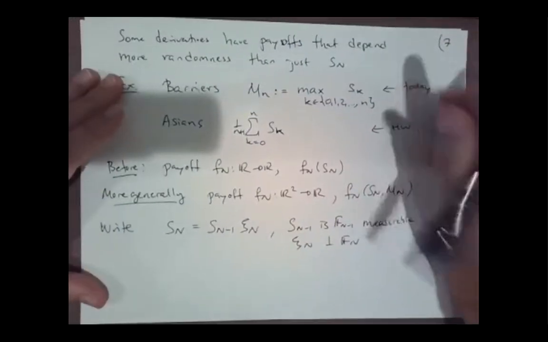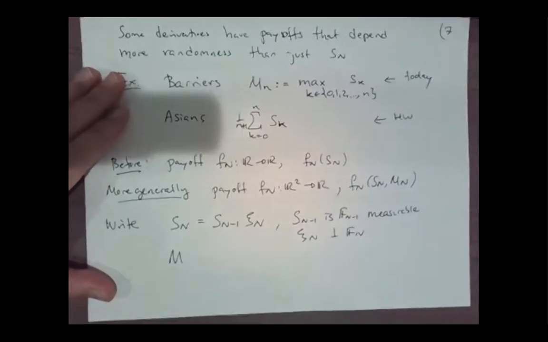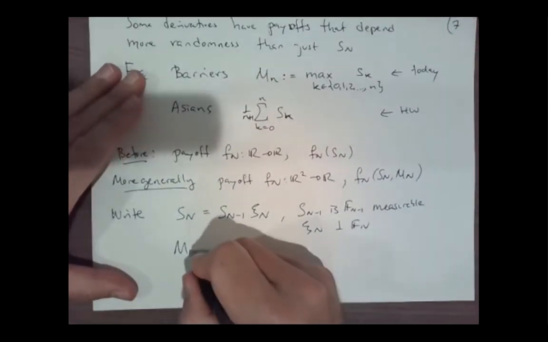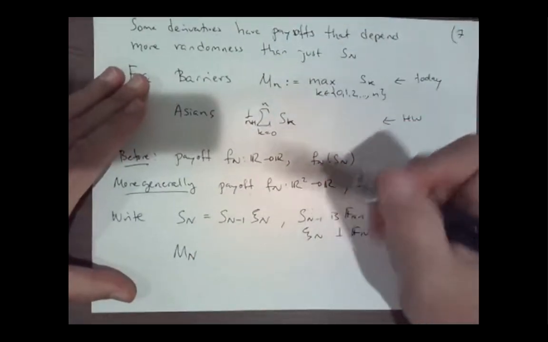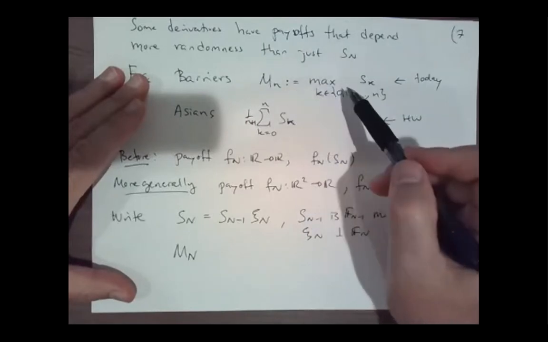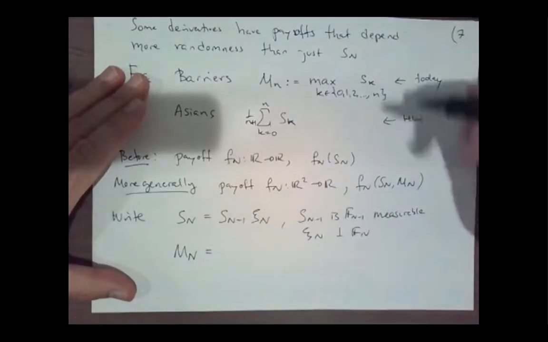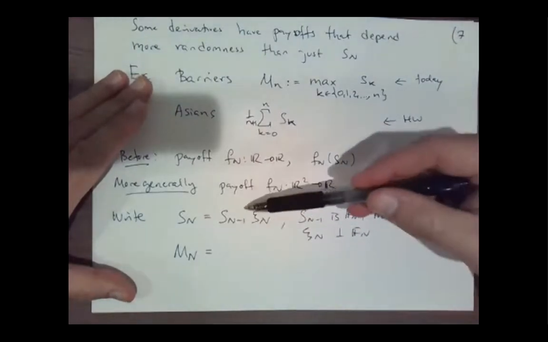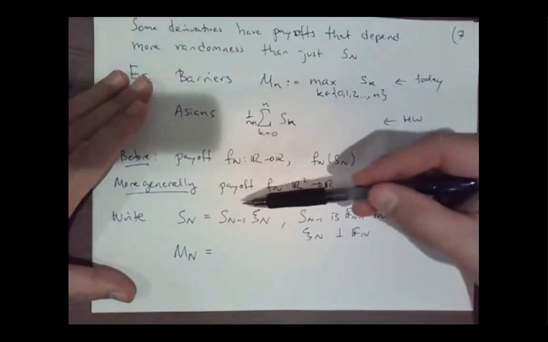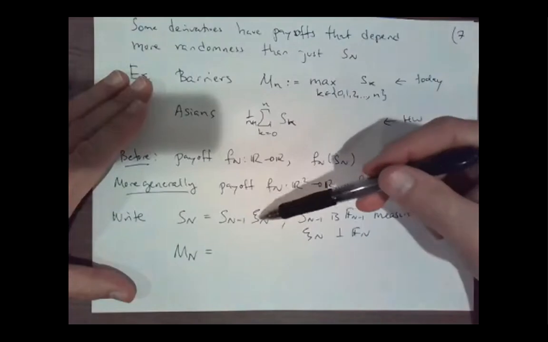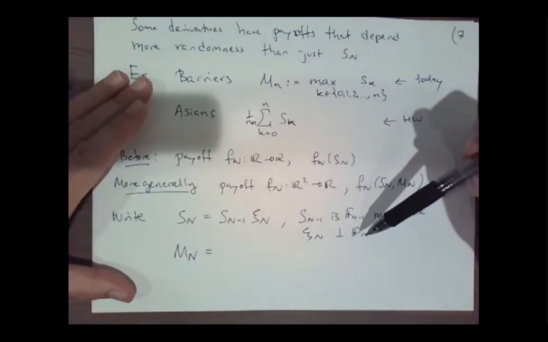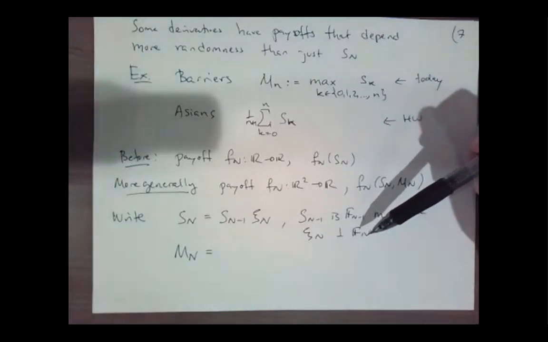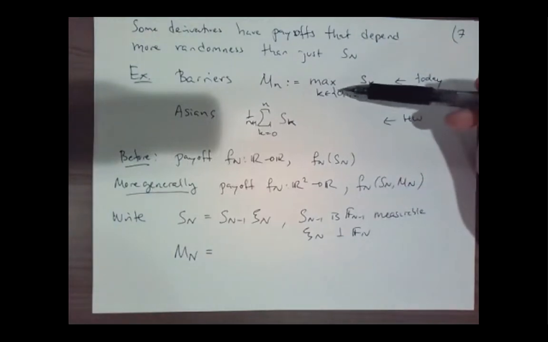We have this M sitting in here, so we need to deal with that. So how do we write M? M here in the following slides will be this maximum. I need to be able to write the maximum in a similar way as I wrote the stock price, namely as something that is measurable and then something else which is independent. Now, how would I do that? Well, it's the maximum.